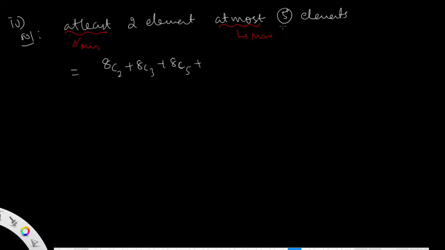Maximum elements are only 5, so it stops there; if it were 6, we would write up to 8C6. 8C2 we have just written as 28. 8C3 is 8 into 7 into 6 by 3 into 2 into 1, that is 56. Plus 8C4, which is 8 into 7 into 6 into 5 by 4 into 3 into 2 into 1, that is 70. 8C5 is nothing but 8C3, which is 56. Then the total value is 210.